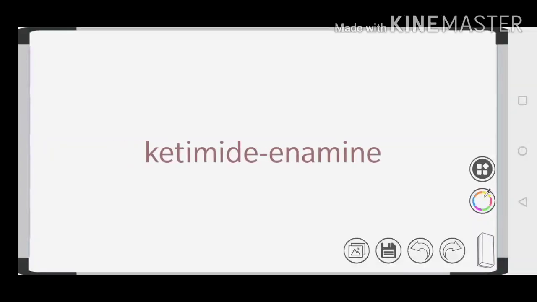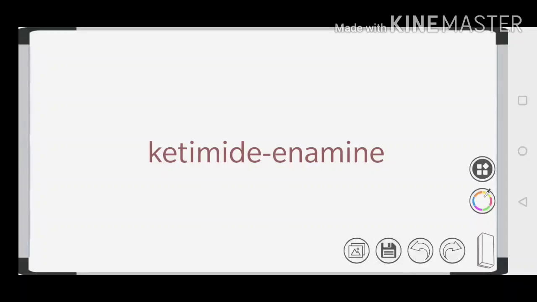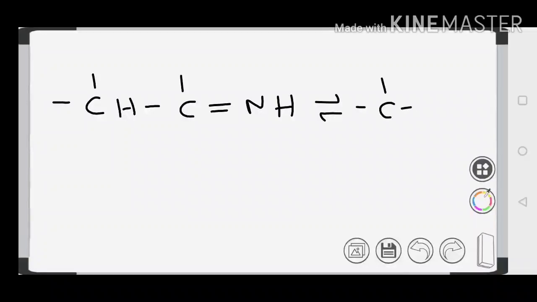Then there is another one known as ketimine enamine tautomerism, that is CH, C single bond, double bond NH. It becomes C double bond C, NH2.